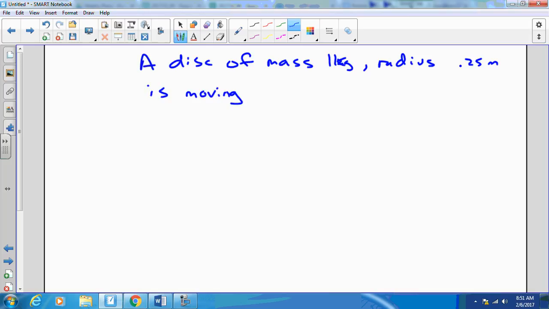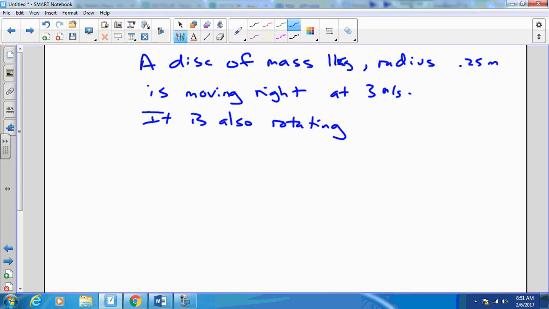It is moving to the right at 3 meters per second. It is also rotating at a rate of 12 radians per second. Find its kinetic energy.